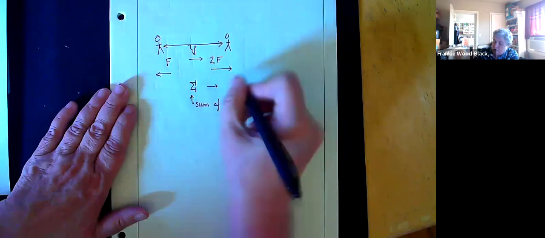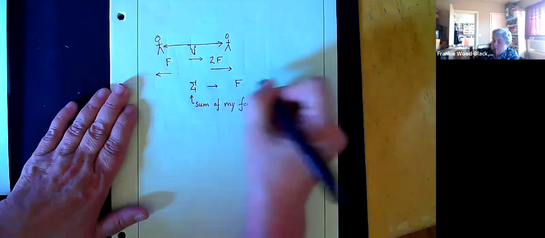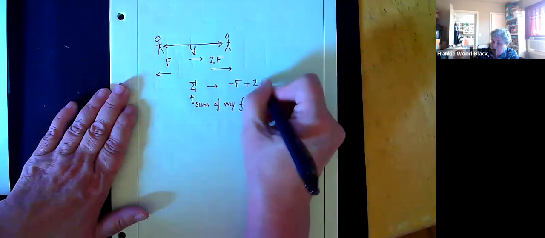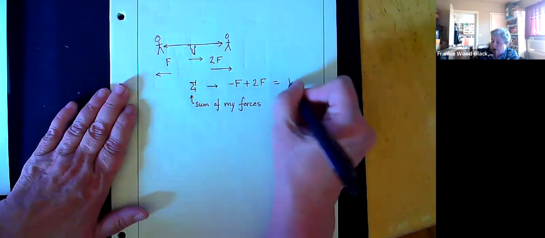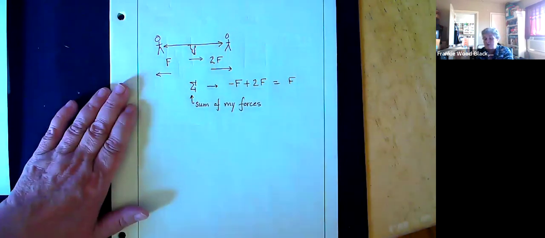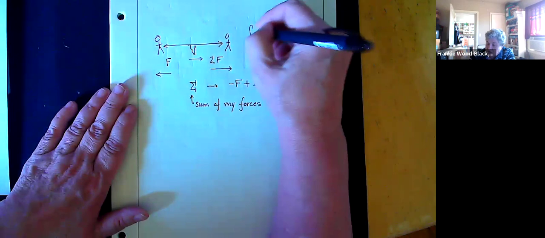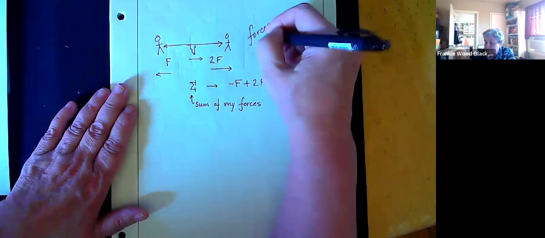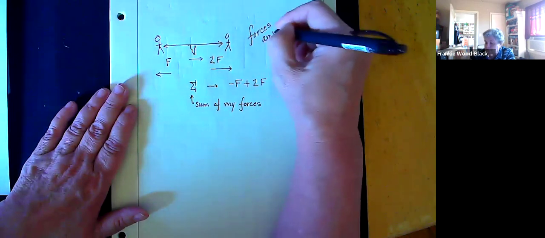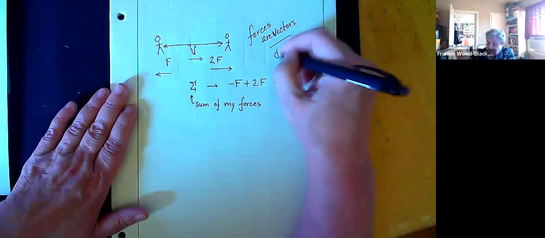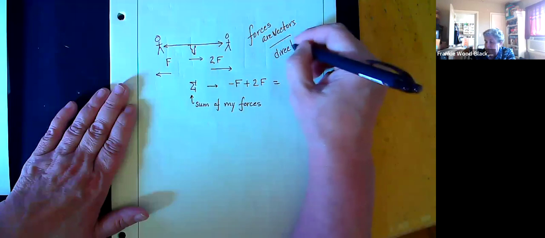So the sum of the forces here is I have force 1, and that's going in the negative direction, and I have force 2 going in the other direction, so I end up with a positive force over there. And the thing about these is forces are vectors. They have direction and magnitude.